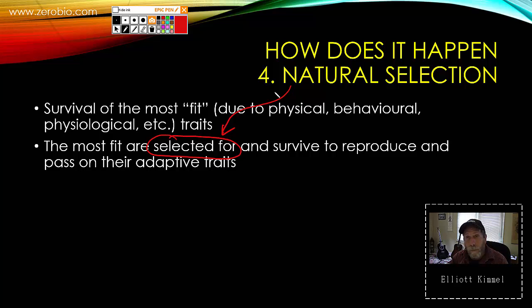They survive, but in order for evolution to occur, they have to reproduce, pass it on to their offspring. Those adaptive traits go on to the offspring, and those offspring have those adaptive traits and they pass them on, etc. So that's how natural selection works. Organisms with the adaptive traits are selected for, they survive, they reproduce, they pass them on. And over time, the population increases with those adaptive traits.